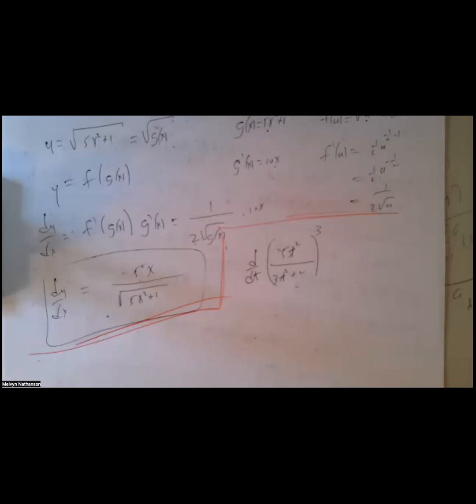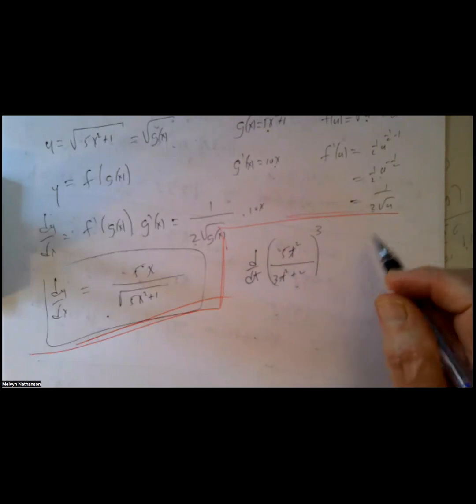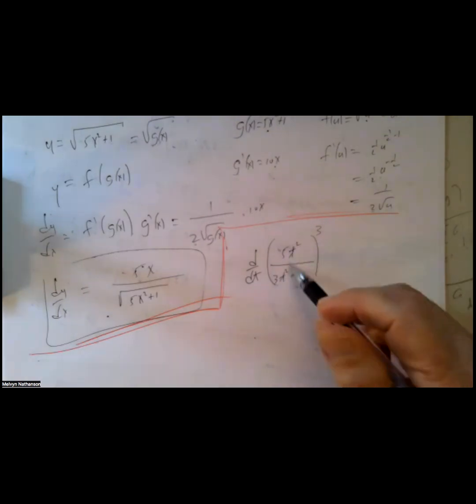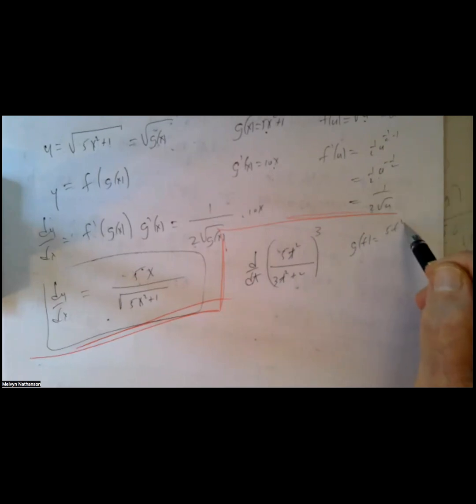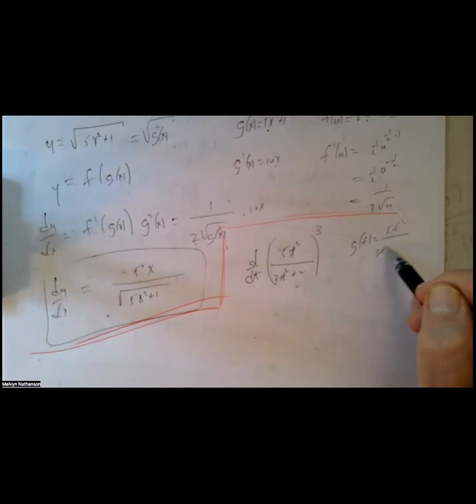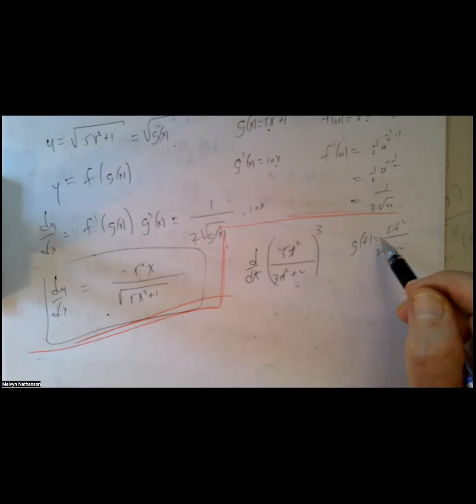So what we have here is, first of all, the cube of something. So it's natural to say, well, what are we cubing? We're cubing the function g of t equal to 5t squared over 3t squared plus 2. And we're taking this function and cubing it.